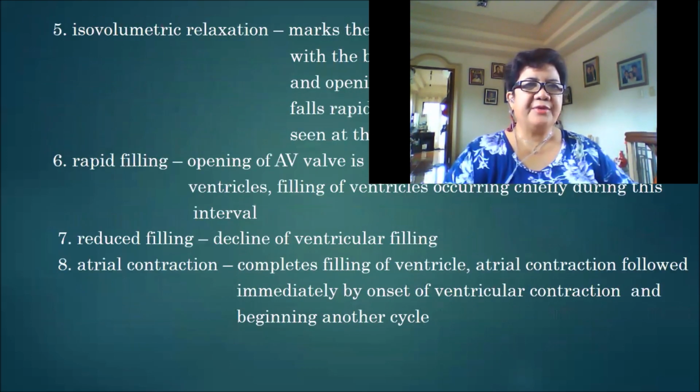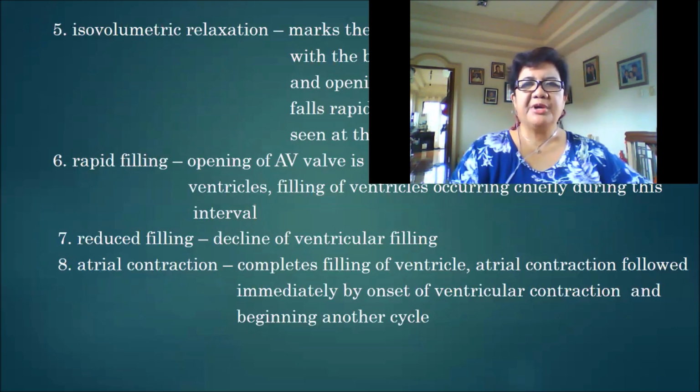Then you have the fifth phase, your isovolumetric relaxation. It marks the beginning of ventricular relaxation with the beginning of closure of the aortic valve and opening of the atrioventricular valve. Thus, ventricular pressure will fall rapidly.